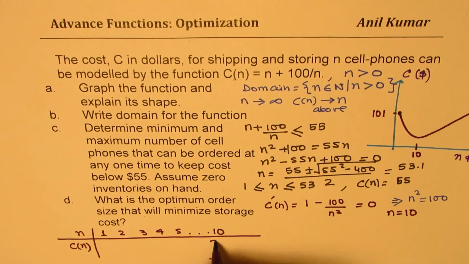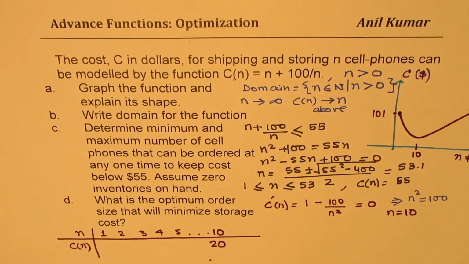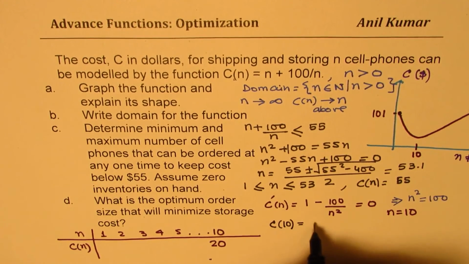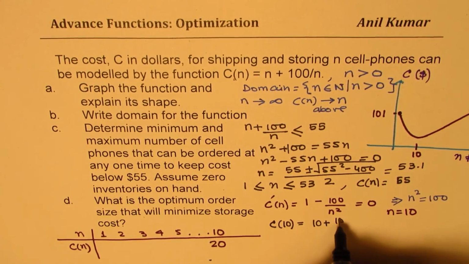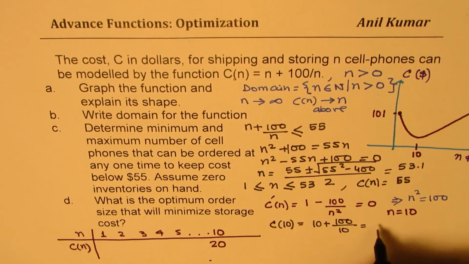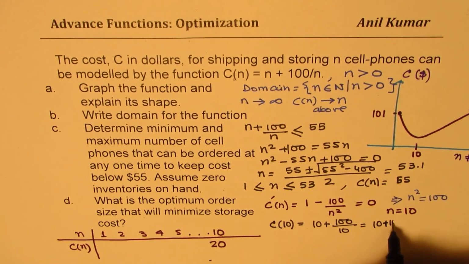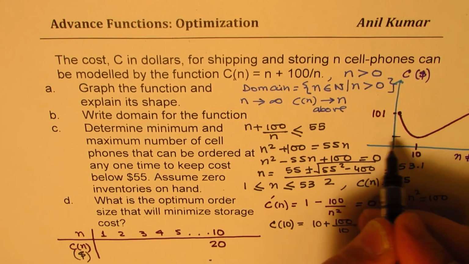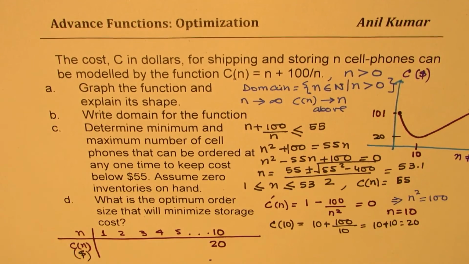So we get the cost as $20. So we'll find C of 10, the function C of 10 equals 10 plus 100 over 10, which is 10 plus 10, or $20, correct? So that is the value in dollars for the cost, and this is the minimum value, $20.